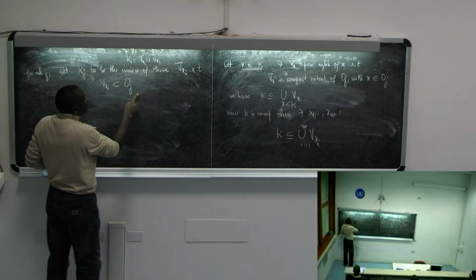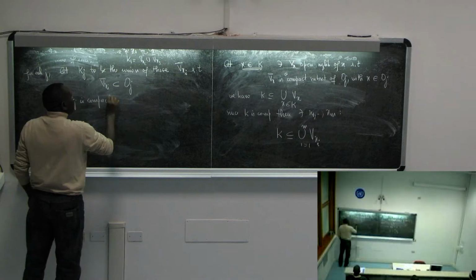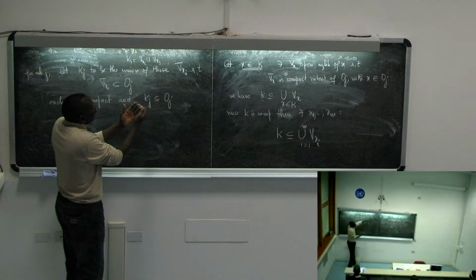Now each Kj is compact because it is a finite union of compact sets, and Kj is a subset of Oj because I collect only the Vxi bar that are subsets of Oj.